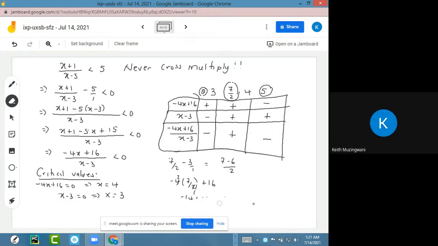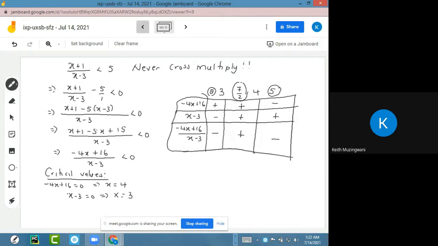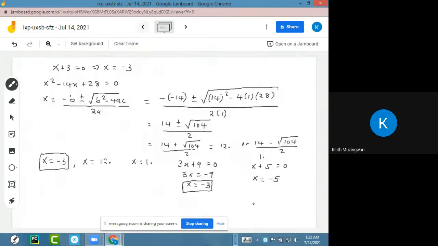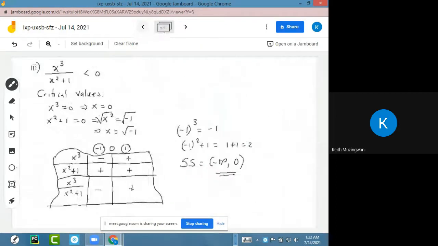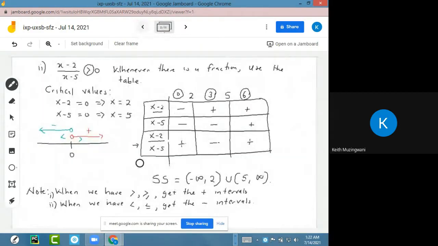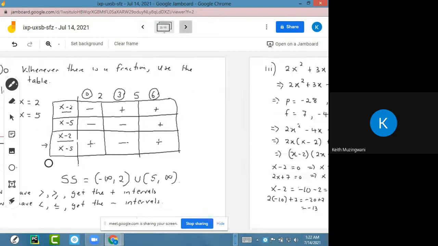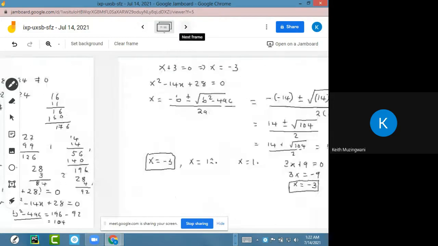What do we want? We want it to be less. Remember what we said? Whenever it's less, when we have less or equal to, get the negative intervals. So let's go and get the negative intervals.